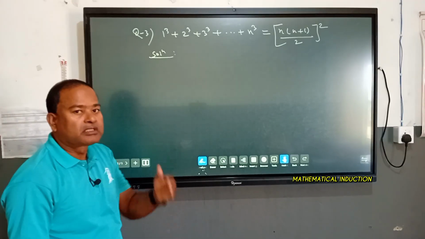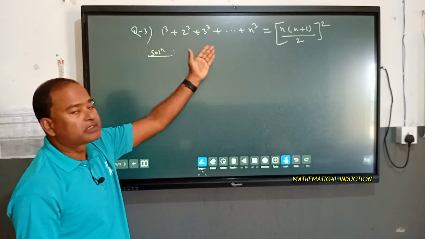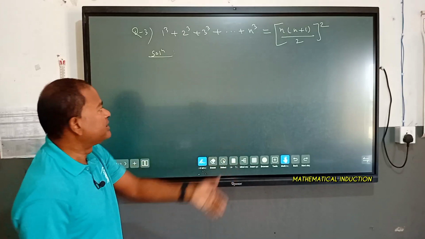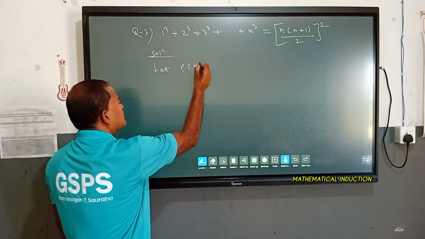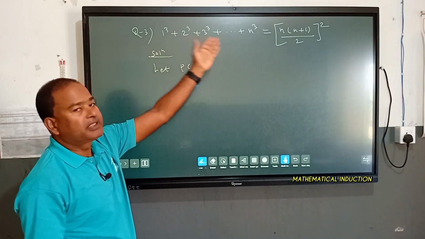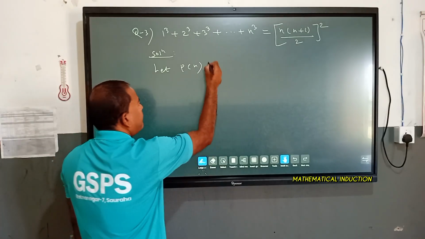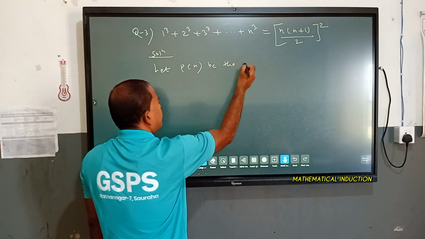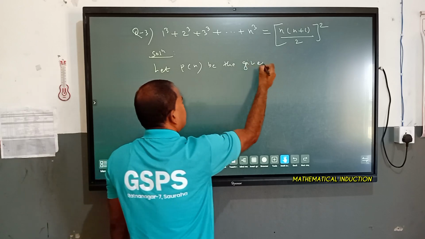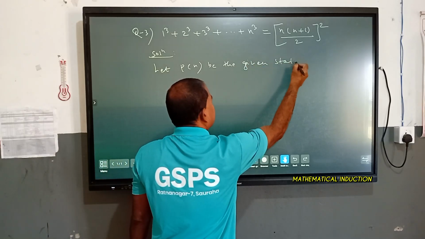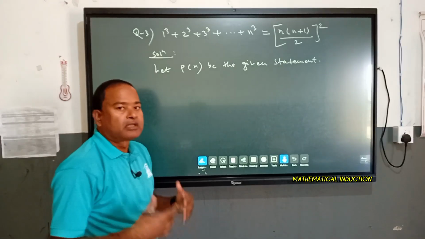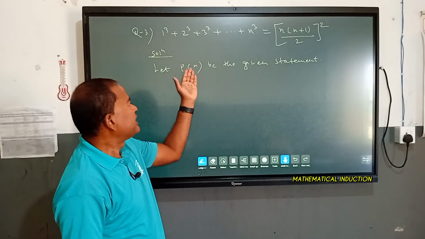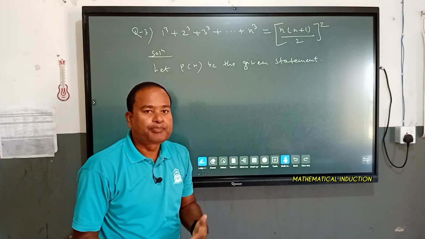Dear students, at first we suppose the given statement as Pn. Let Pn be the given statement. A statement involving natural numbers we suppose as Pn.